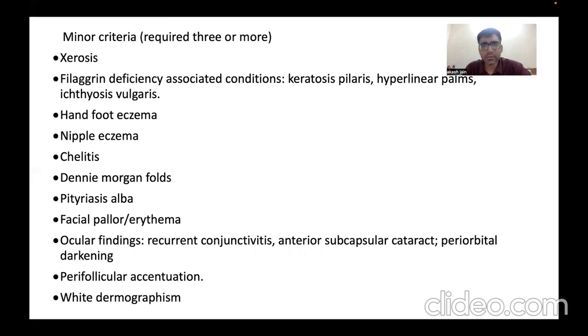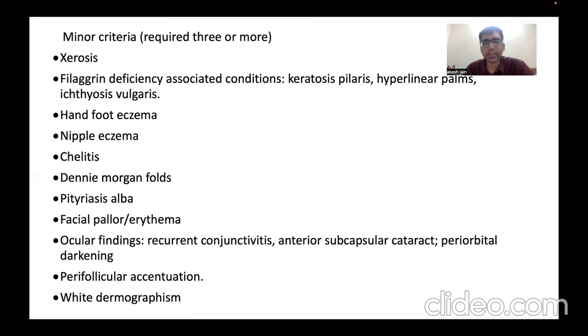So it includes xerosis, severe dryness, filaggrin gene deficiency associated conditions like keratosis pilaris, KP, which is mainly seen over the outer aspect of upper arms and back, hyperlinear palms, that is increased linearity of palmar crease, and ichthyosis vulgaris.